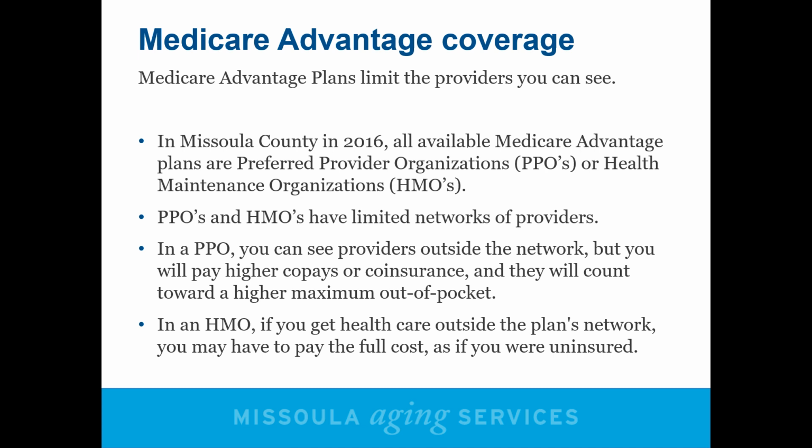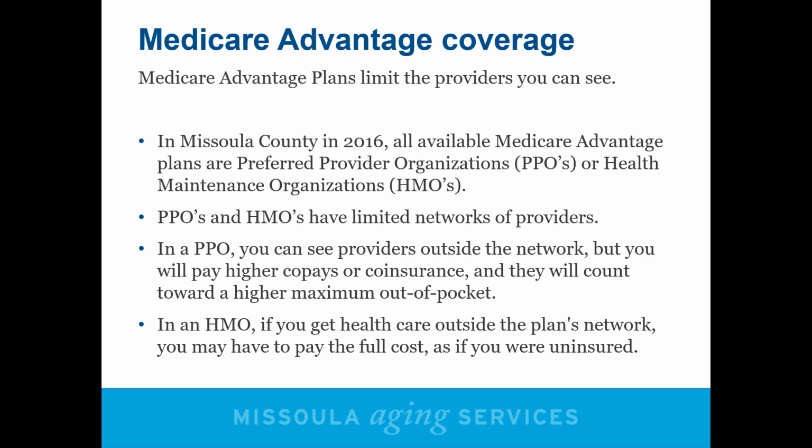So, if you stay within the network with your PPO, maybe a hospital trip is $100 a day, and a doctor visit is $30, and that's all going towards a maximum out of pocket of $5,000. If you start going outside the network, maybe the hospital's now $200 a day. Maybe that doctor visit is $75 instead of $30.